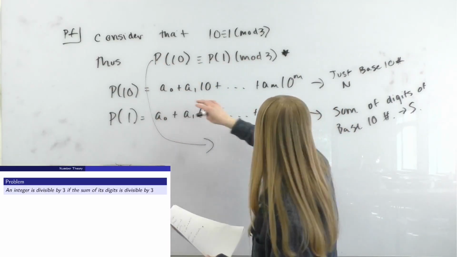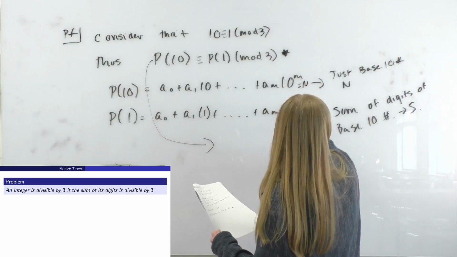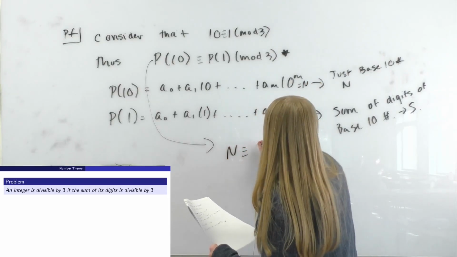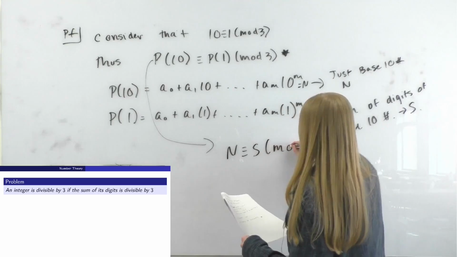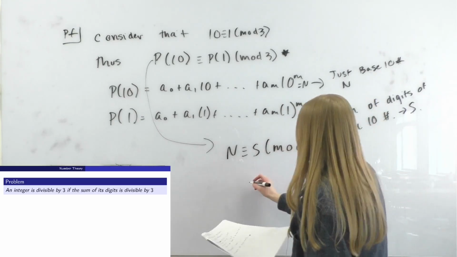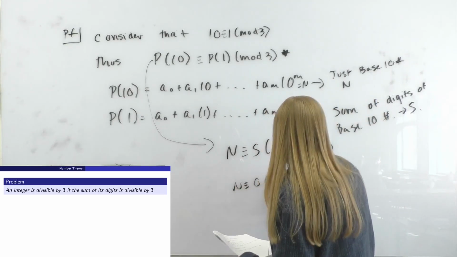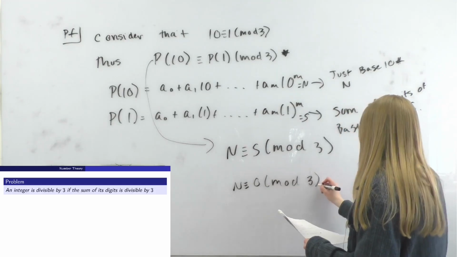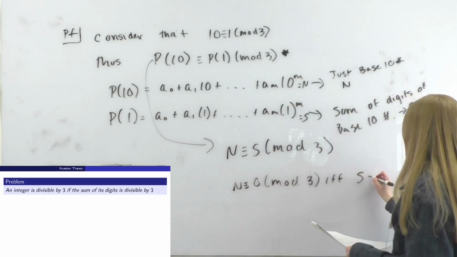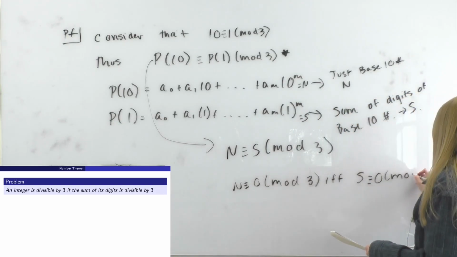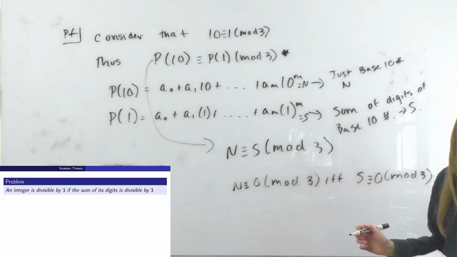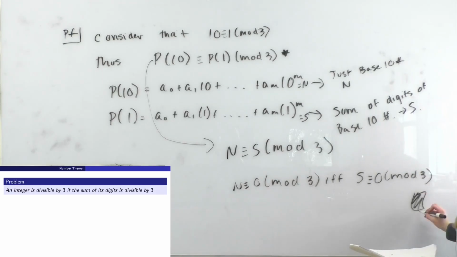So we're calling this N, and this is S, so we could just sub them in. N is congruent to S mod 3. So N is congruent to 0 mod 3 if and only if S is congruent to 0 mod 3. QED.